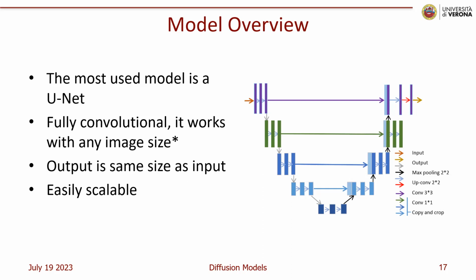And so what you have is a process that returns an image that's the same size as the input image. And that's nice because what we want to do is actually denoise an image, right? So we don't want an output that's different from the input. What does it even mean to denoise an image if the noise I give you back is a different size from the noise that we start with? So that's another nice property.